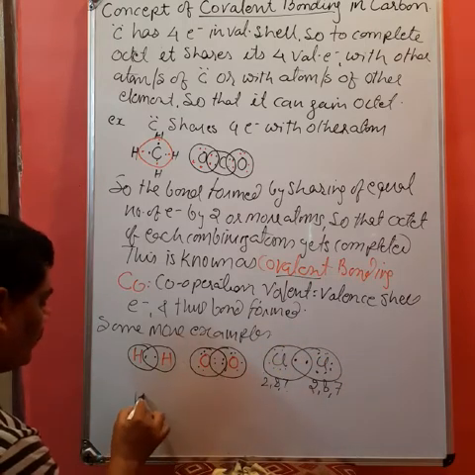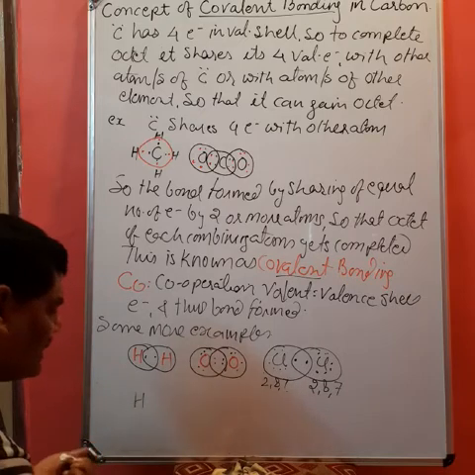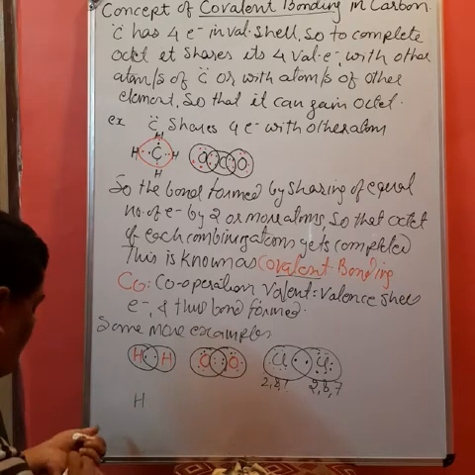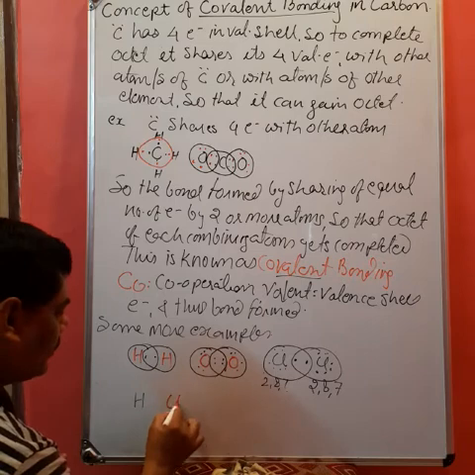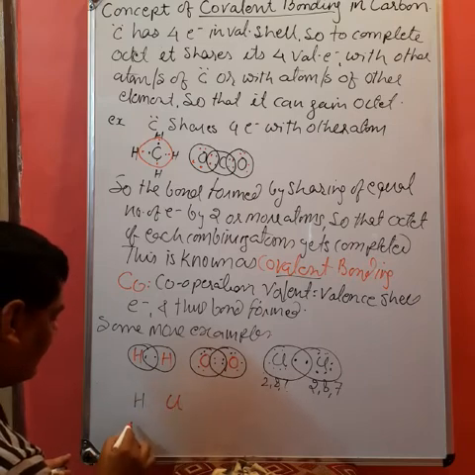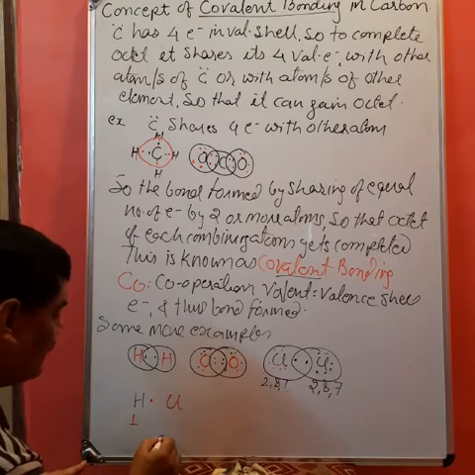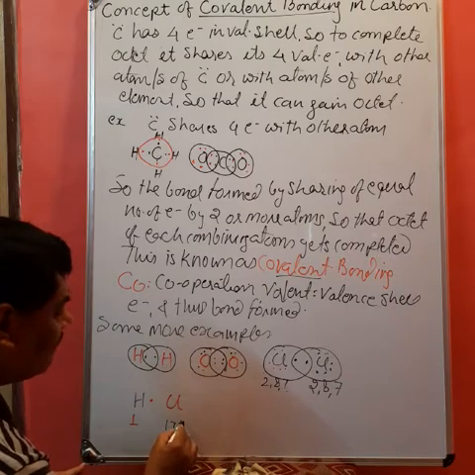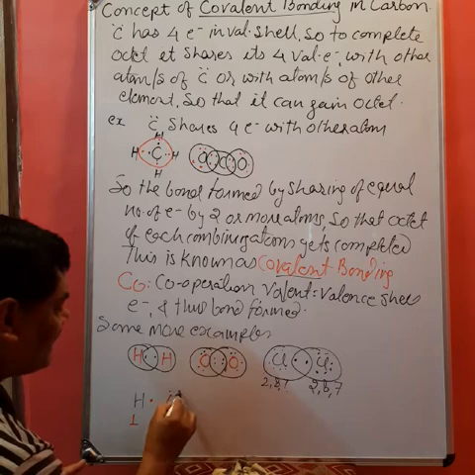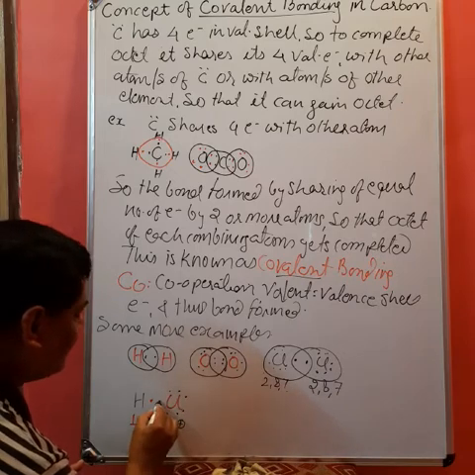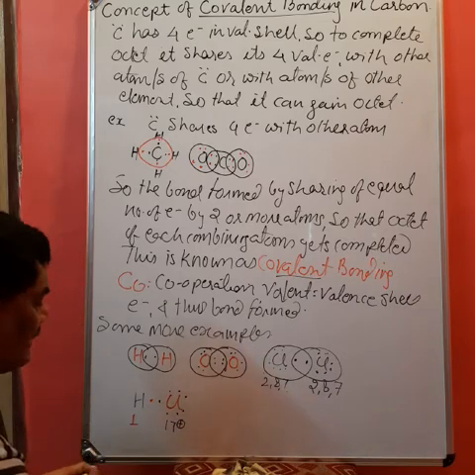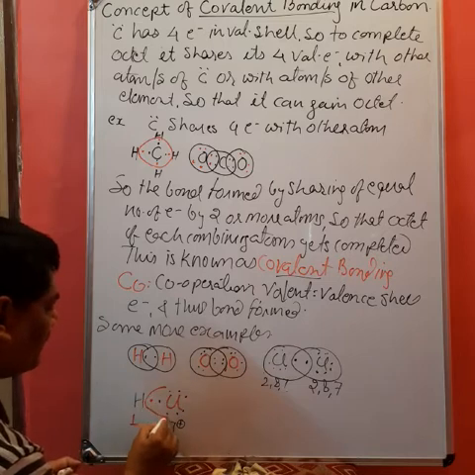However, if one of the atoms is small in size with lesser nuclear attraction force, like HCl. Now H has only 1 electron, but the Cl has the protons, how many? 17 protons, but the valence electrons are how many? 7 valence electrons. So to complete octet, they share 1 electron each.